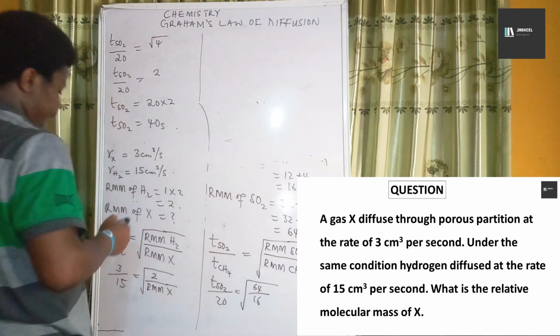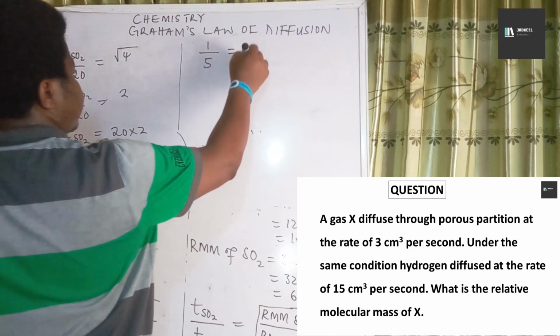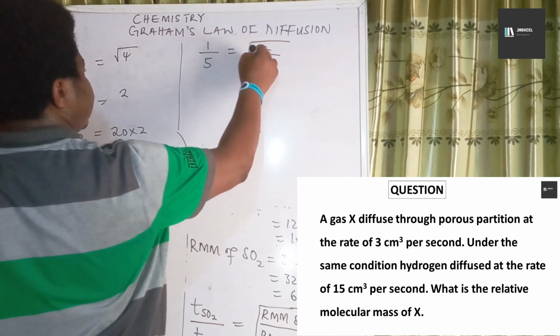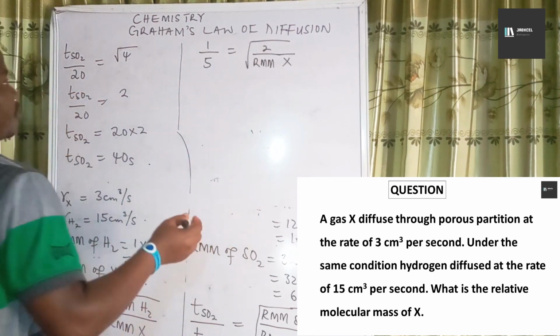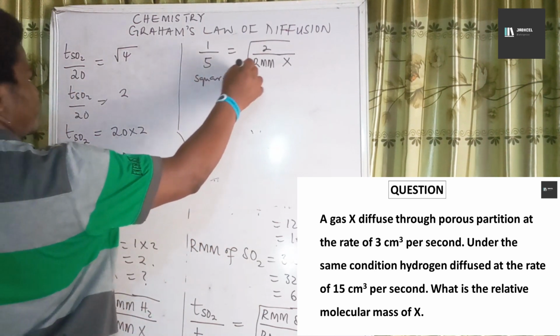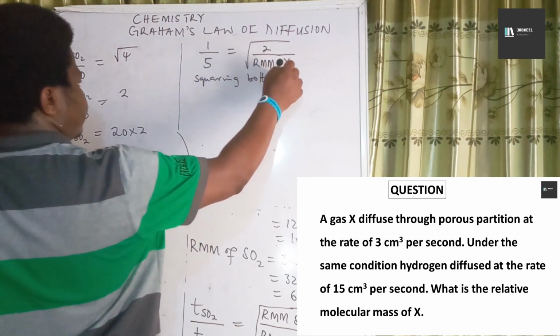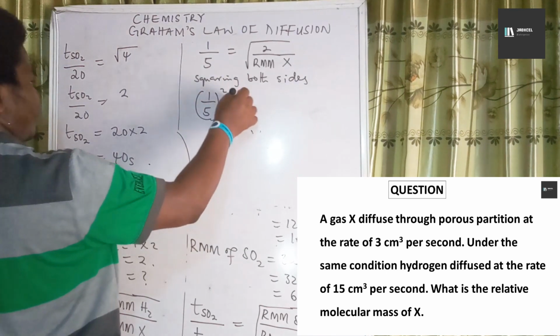3 can go in 15 5 times. So we have 1 over 5 equals the square root of 2 over the relative molecular mass of X. So if we square both sides, we have 1 over 5 all squared. And why are we squaring both sides?